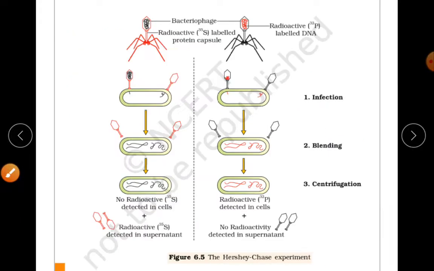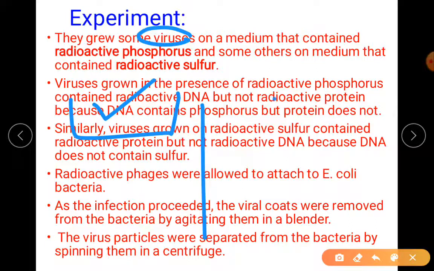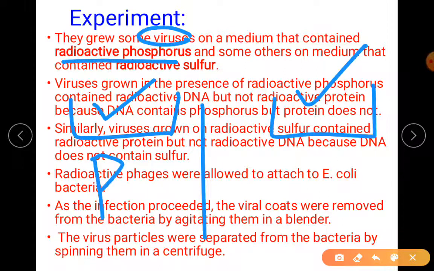Using that concept, he first grew two sets separately. In one plate he kept viruses with radioactive phosphorus, P32, and in the other plate radioactive sulfur, S35.